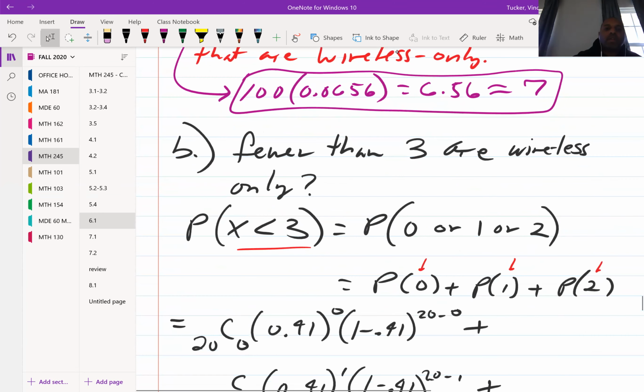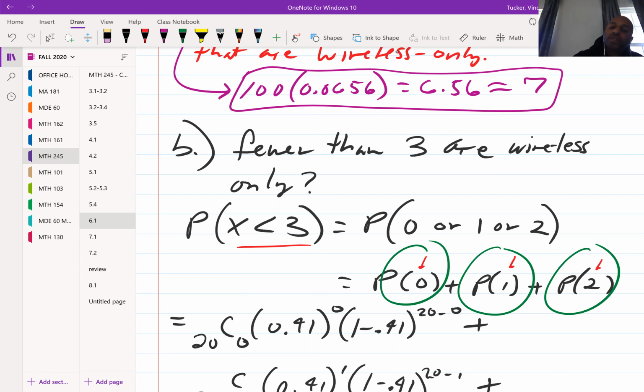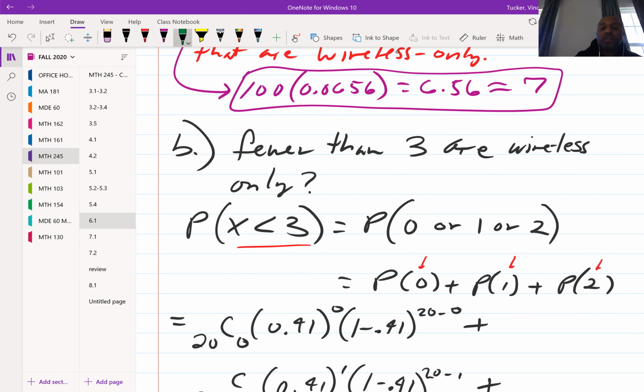You okay? All right, so the next one, probability that fewer than 3 are wireless only. So if you're talking about fewer than 3, that's x is less than 3. So this is 0, 1, or 2. So we find the probability of 0, 1, and then 2 individually.